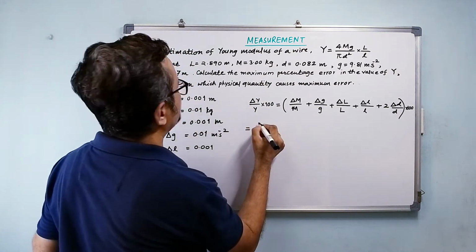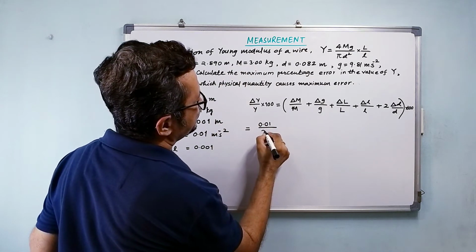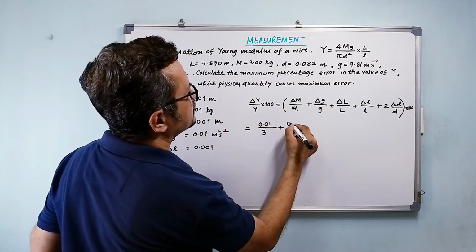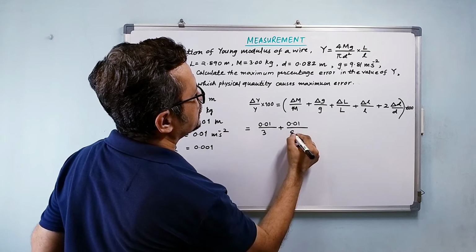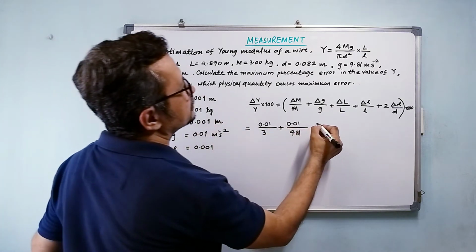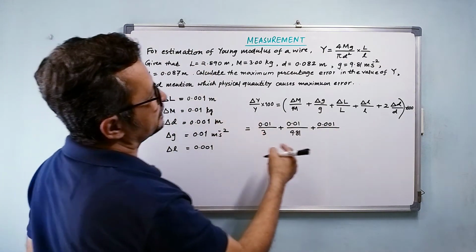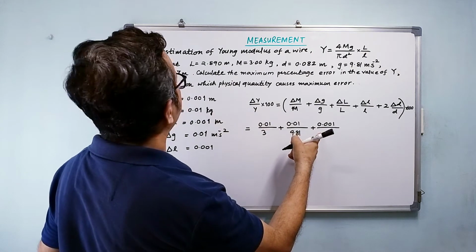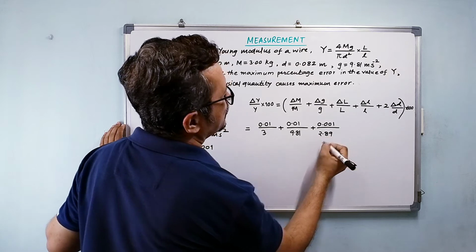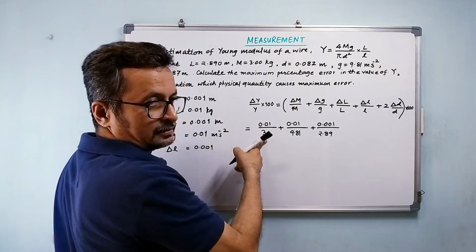Alright, then I'll write here my delta M is 0.01 upon my value of M, which is 3 here, plus delta g is 0.01 upon 9.81, plus delta L is equal to 0.001 upon L, so it is 2.890. While writing here, I write 2.89. That would be alright. Even here I have written 3.